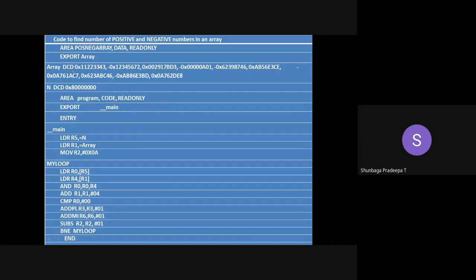If it is DCB, it is 8-bit data, so to load 32-bit data you have to use DCD. It has 10 elements: first 10, second, third, fourth, fifth, sixth, 7, 8, 9, 10. I'm using one variable n, which is loaded with the hard-coded value 8 followed by 7 zeros.